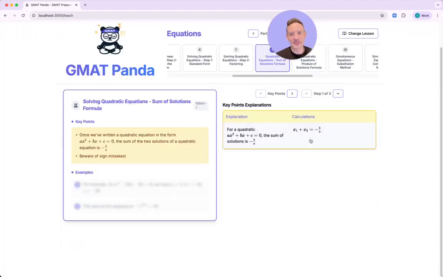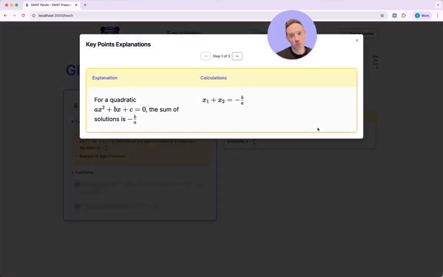Now, it is worth learning a few formula shortcuts, which are the following. The sum of your two solutions, when you add them together, is going to be minus b over a. That is essentially just taking the result we just saw and seeing it as a shortcut.